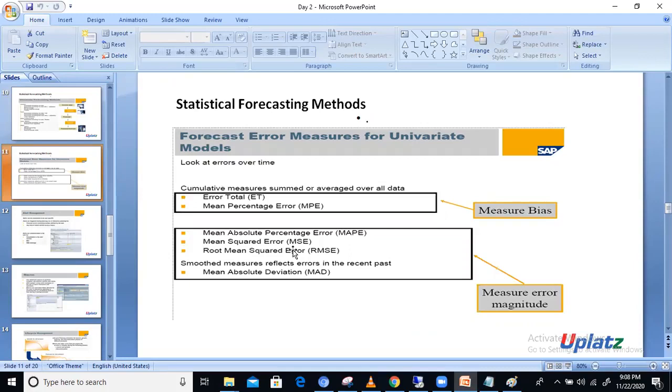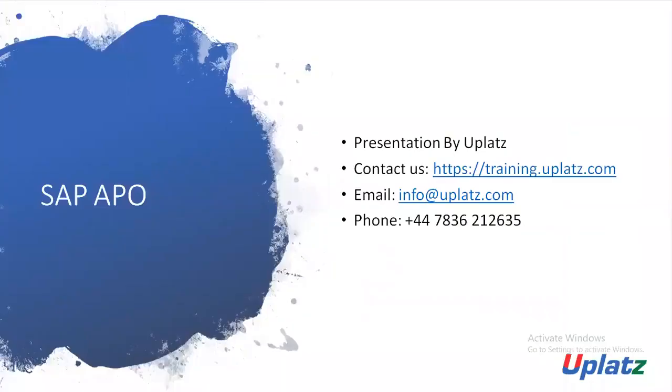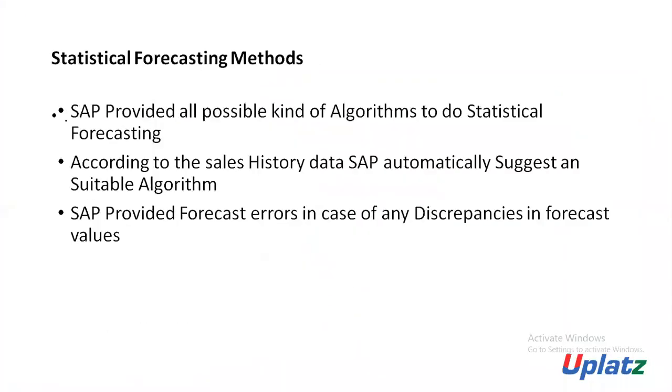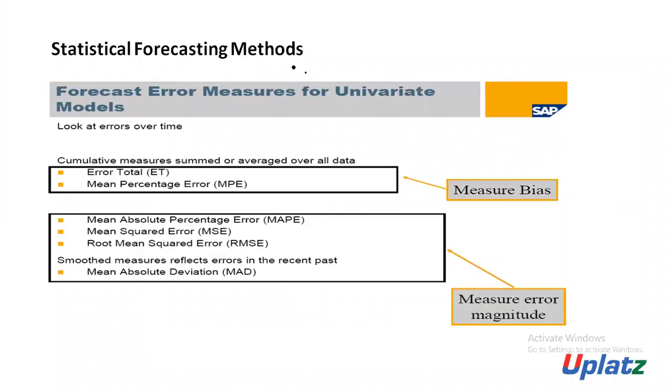forecast errors. With these forecast errors, for example, a business user by mistake selected the trend method for seasonal forecast values.